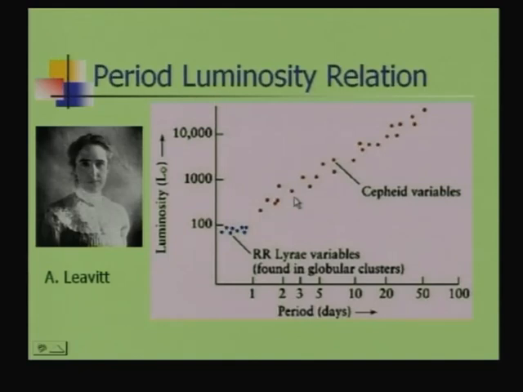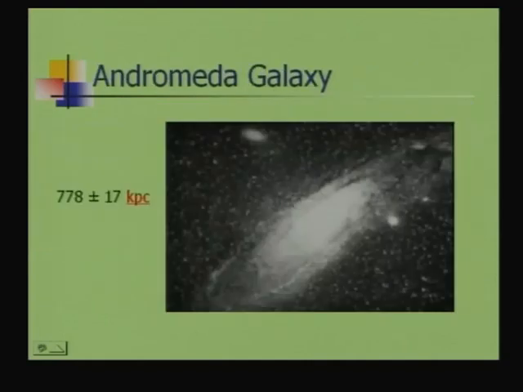Okay. So, the luminosity period relation for Cepheid variables was used to first determine the distance to the Andromeda galaxy. This is the nearest full-fledged spiral galaxy. It appears like a nebula in the sky, and a Cepheid variable was discovered in the Andromeda galaxy, and that was used to determine the distance to the Andromeda galaxy.